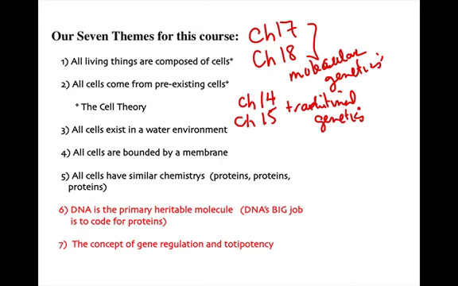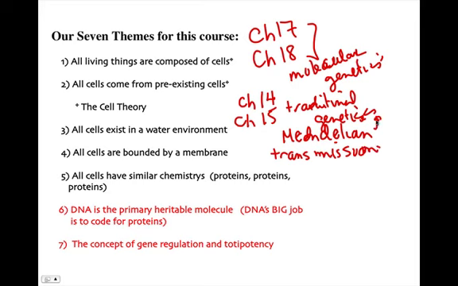Like, you cross a red flower and a white flower and you get a pink flower. Traditional genetics is sometimes called Mendelian, after the origin, Mendelian genetics, or sometimes called transmission genetics. And it's all about doing crosses and crossbreeding and seeing what the results are as a result of a cross.